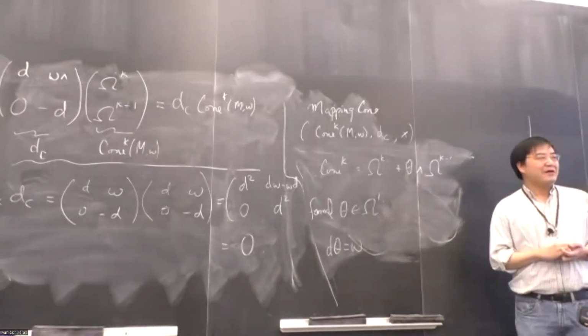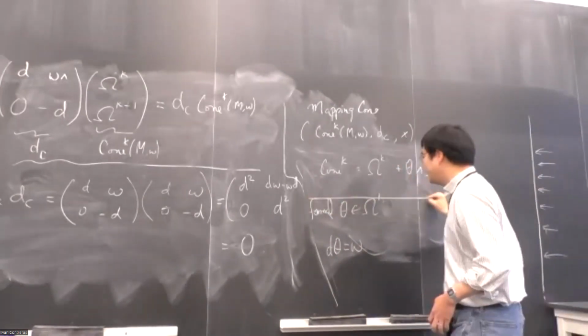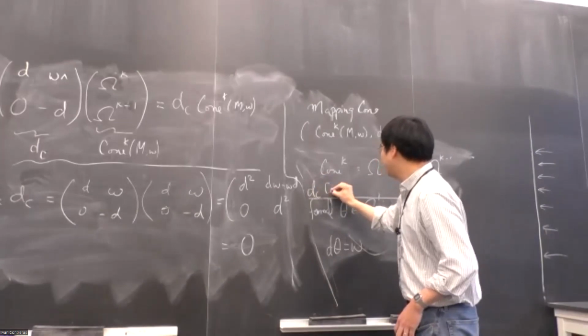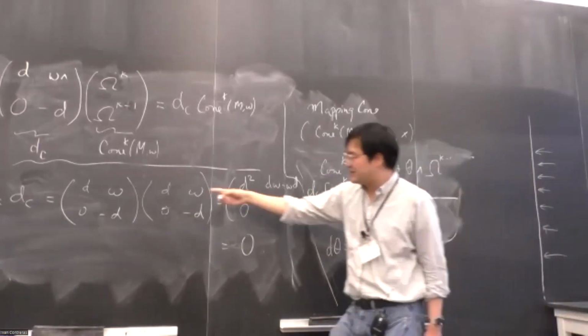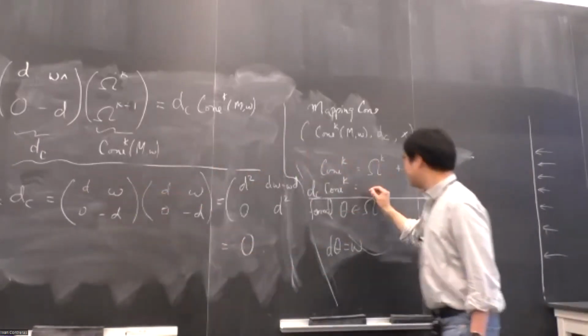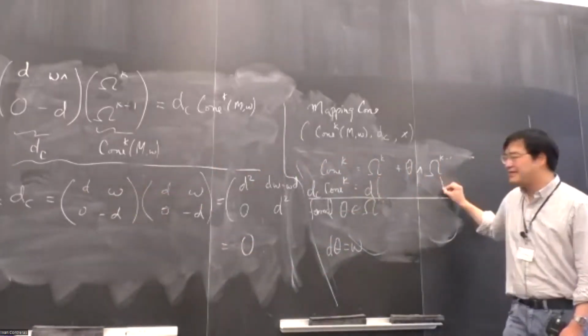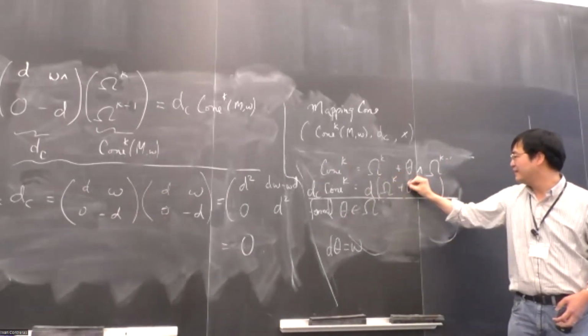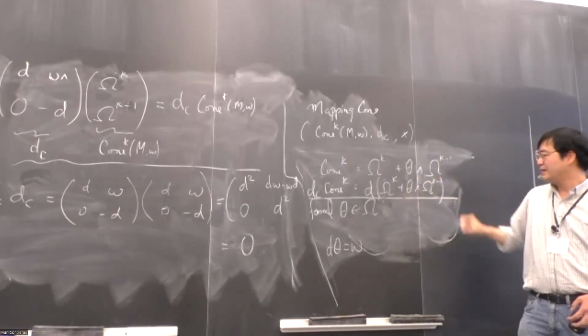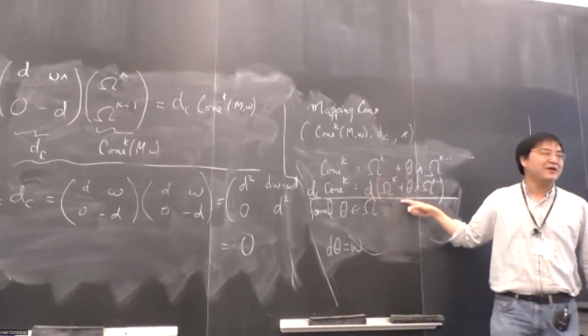And why do I do that? Because if now I look at d_C acting on the cone of k, this d_C is this guy. But this is nothing more than just a standard exterior derivative of this, omega k plus theta wedge omega k minus 1. So you see the first d just acts on omega k.